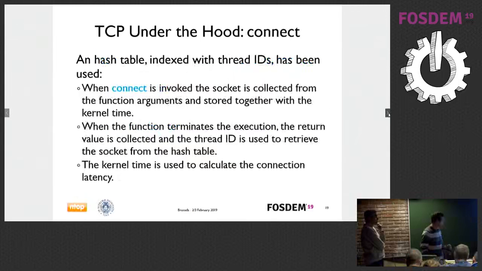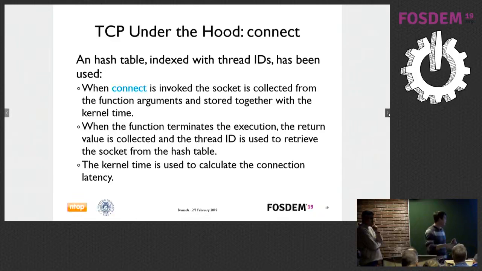But for the connect, it has been more difficult. Indeed, we have to use a hash table because we want not only to return information about the user or the network, but we want to return also the return code of the function to check if it has failed or if it has been successful. So what we have done is attach a probe when the TCP connect is invoked, and collect the socket that is passed as argument.